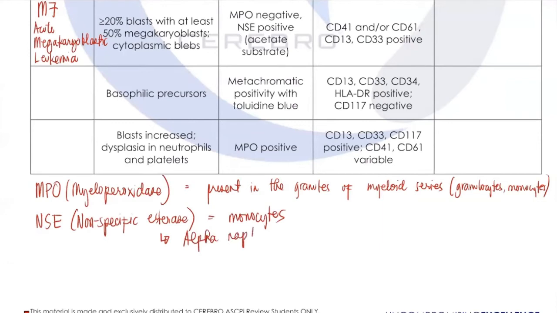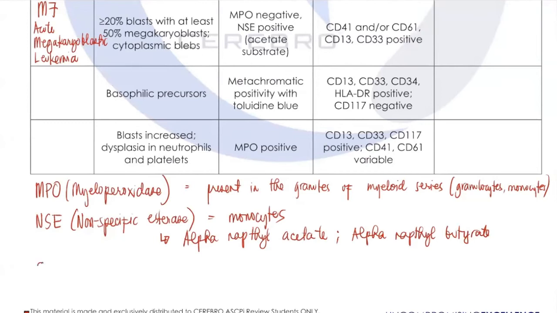We have the alpha naphthyl acetate, and the other one is the alpha naphthyl butyrate. So, in the case of M7, usually kasi yung M7, nagni-negative yan sa cytochem, except for the NSE, if acetate is being used as the substrate.